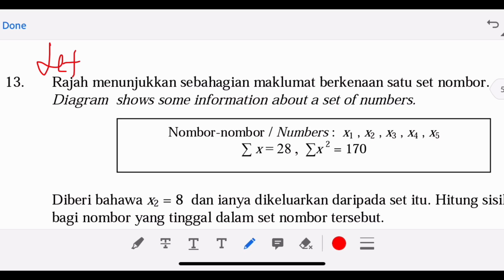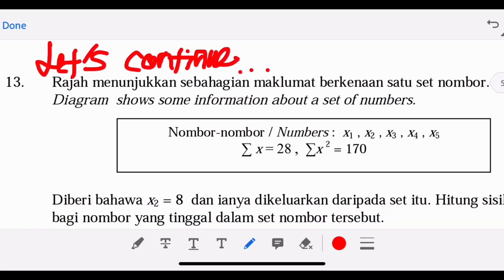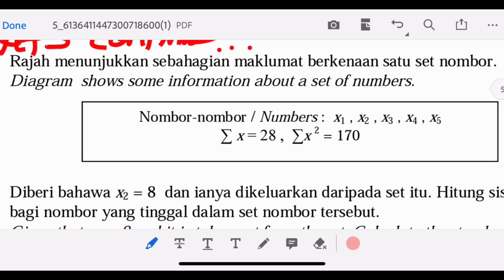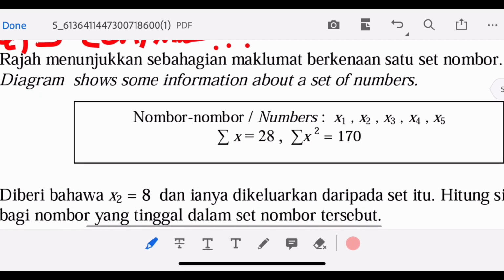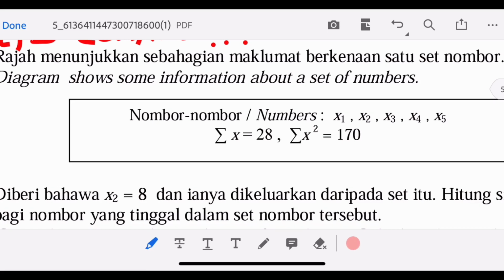Alright, let's start with another question, number 13. Let's continue. The given diagram shows some information about a set of numbers, and the numbers are given in terms of unknowns: x1, x2, x3, x4, and x5. So they gave you all the unknowns.